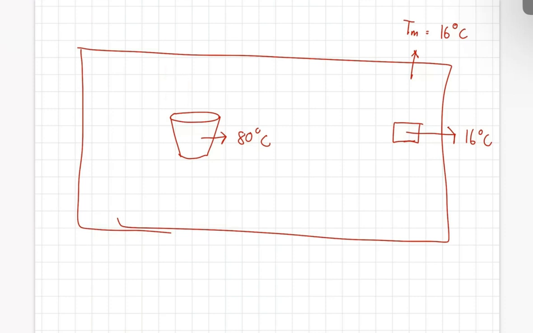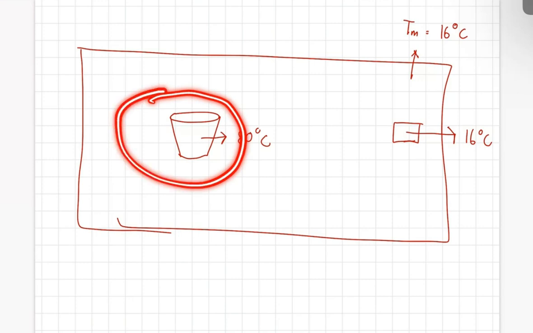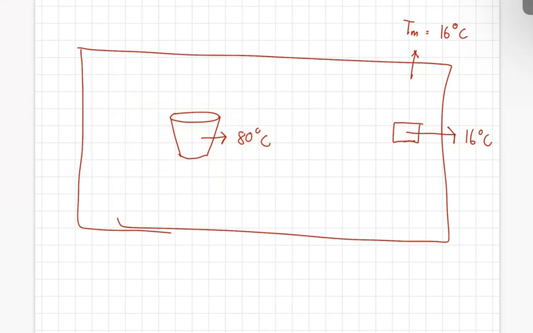So Newton's law of cooling says that the rate of body temperature, this one we call body temperature, is proportional to the difference between the body temperature and the surrounding temperature. Because this is high, the temperature will cool down, there will be a cooling effect on the coffee.